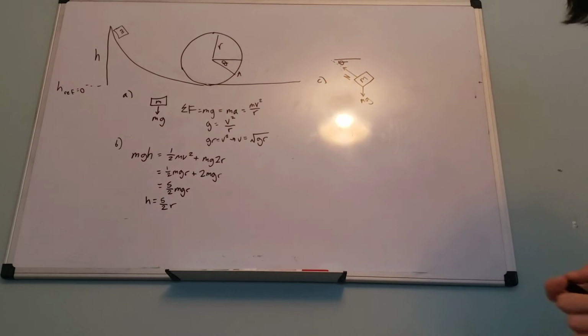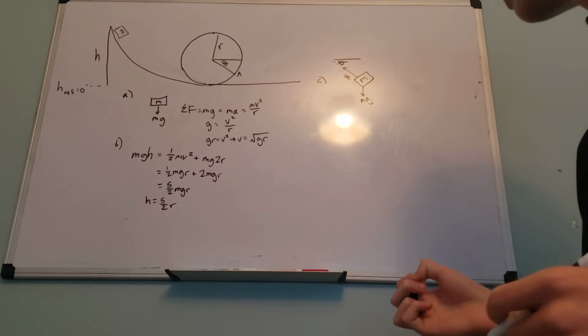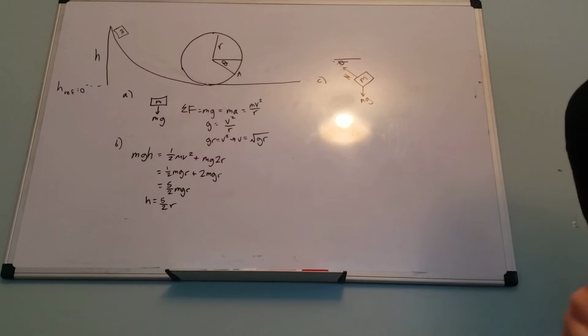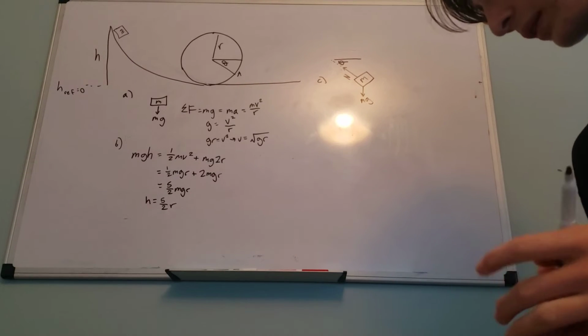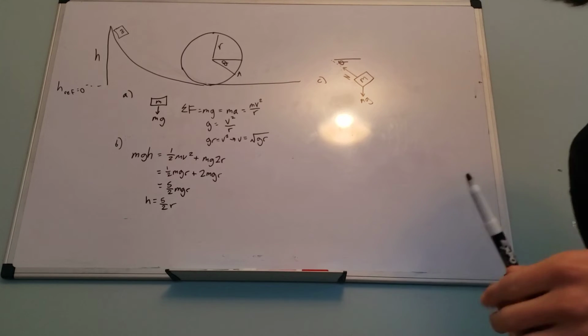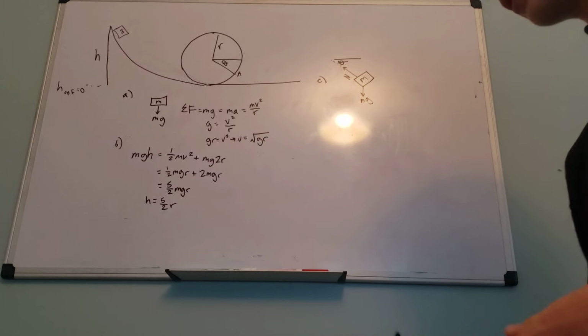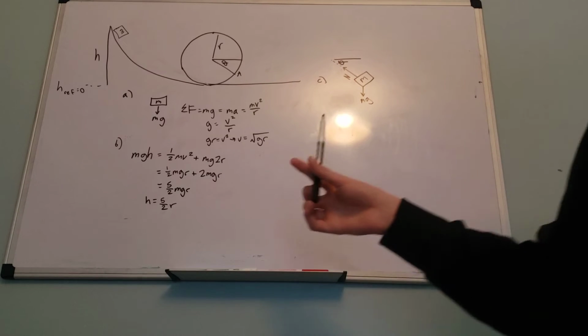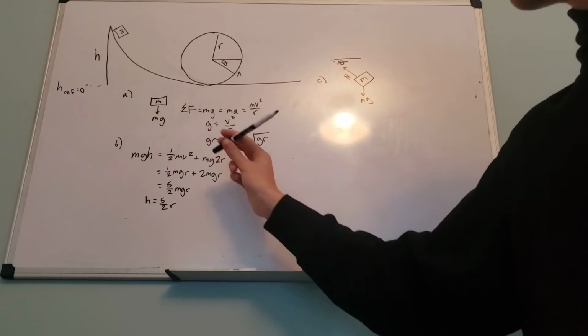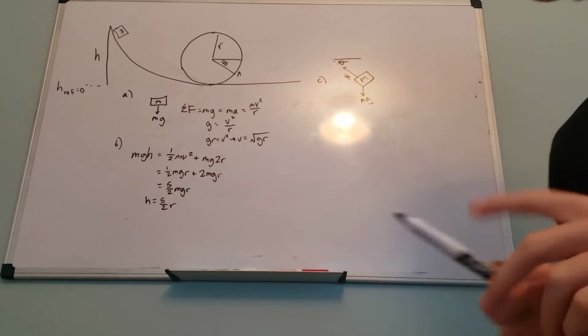And then finally, we are asked to find the speed at this point. Looking at this problem, there are a couple of reasons why I'm going to use energy equations here. A, because force equations are better for acceleration, not for velocity. And also because we already have energy equations set up, so it's going to be easy to plug stuff back in.